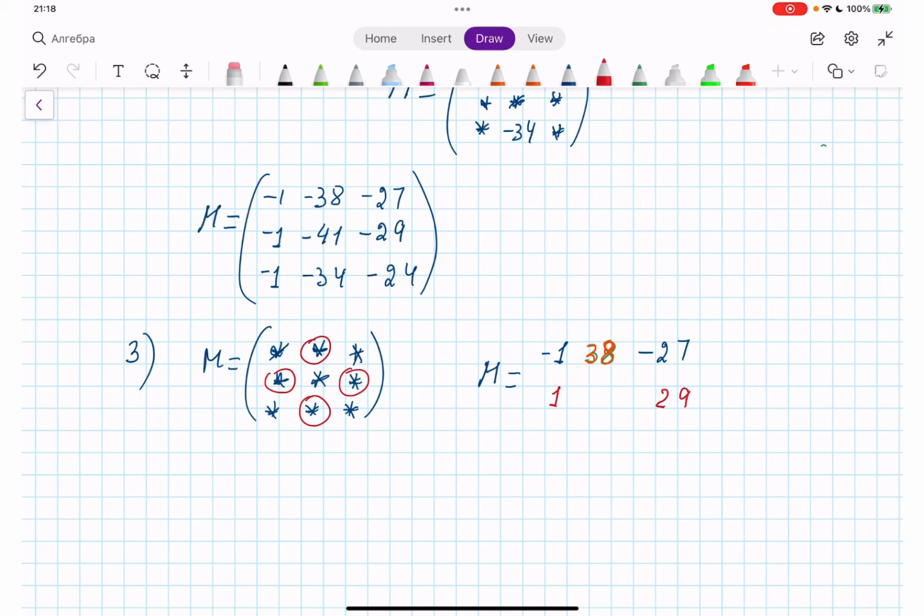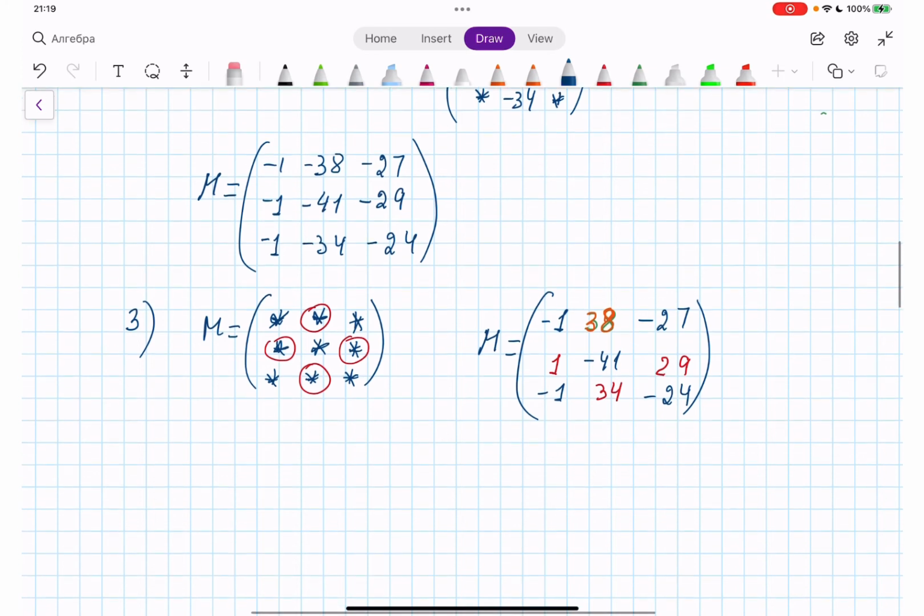And here it's going to be positive 34. So the rest is going to be the same: negative 41, negative 1, negative 24. This is the matrix of algebraic complement, B complement, of the corresponding elements of matrix B.